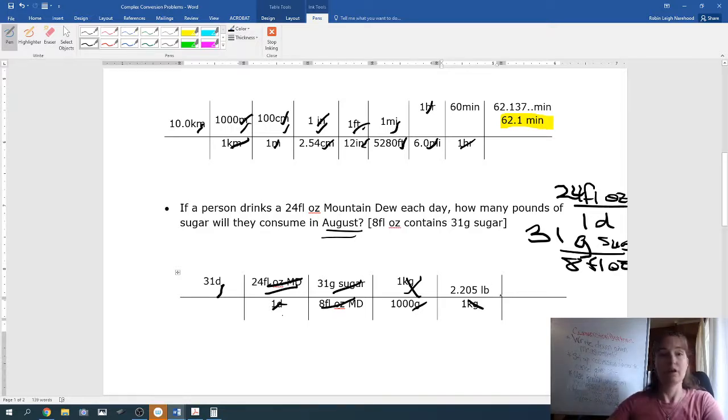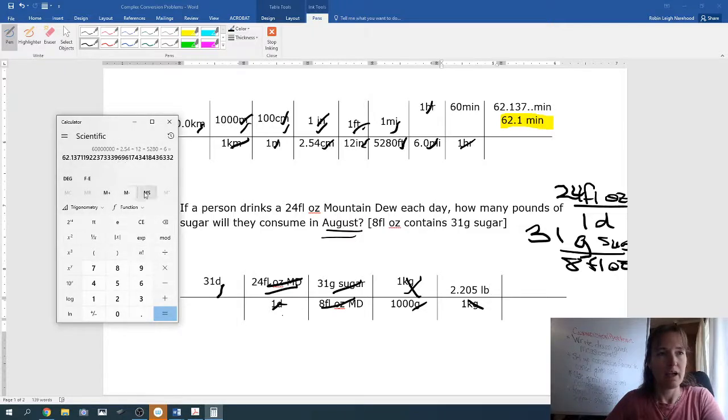Pounds is left. So use calculator and just do the arithmetic. We got 31 times 24 times 31 times 2.205, and then we divide by 8 and we divide by 1,000. And so it is 6.35715.